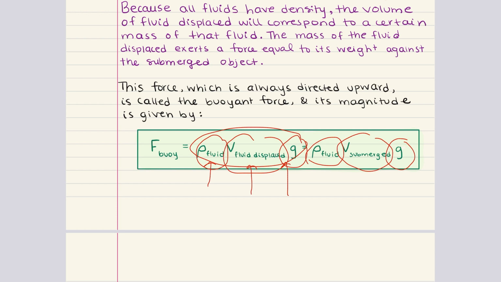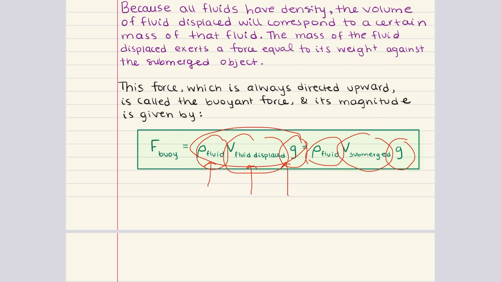This buoyant force is always directed upwards. It counteracts the weight of the object submerged in the fluid. So if this force equals the weight, the object will float. If it is less, then the object will sink.